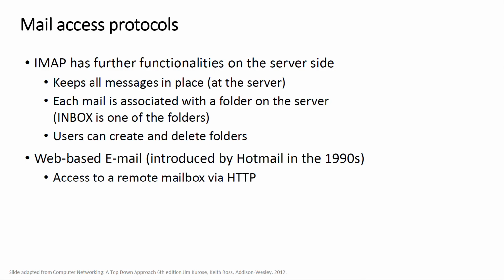But since changes in IMAP affect the server too, they deleted all of the emails they received in the last 30 years at the server. Of course, we brought them back from the latest backup, but users should know how this protocol works. Otherwise, you can lose data.